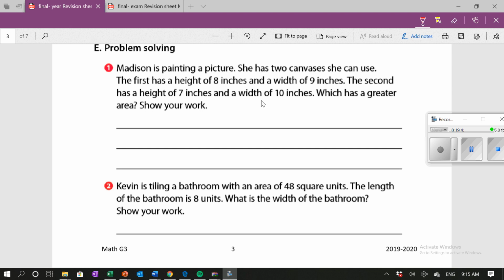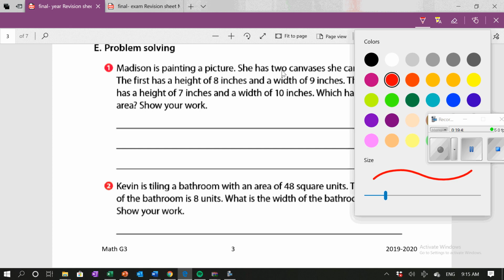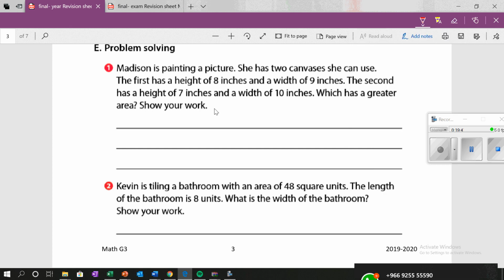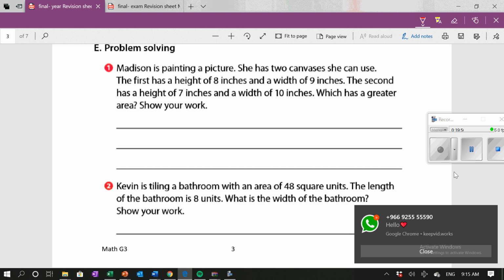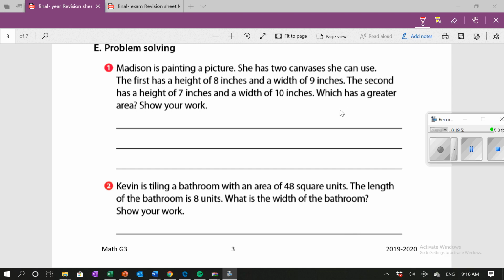First of all, let's draw them. The first one is 8 with 9. Here is 8 and here is 9. Okay, I'm trying to draw it perfectly. Oops, okay, I'll draw it again.